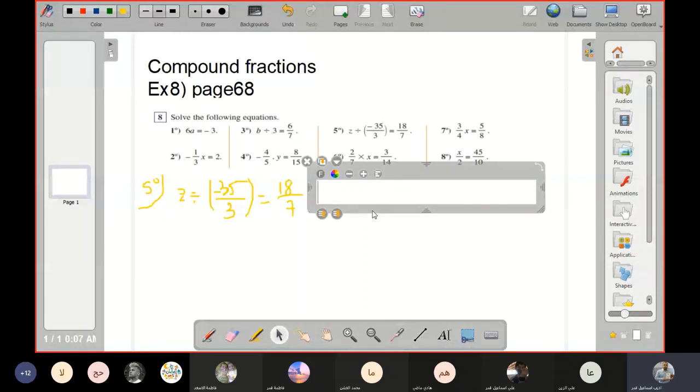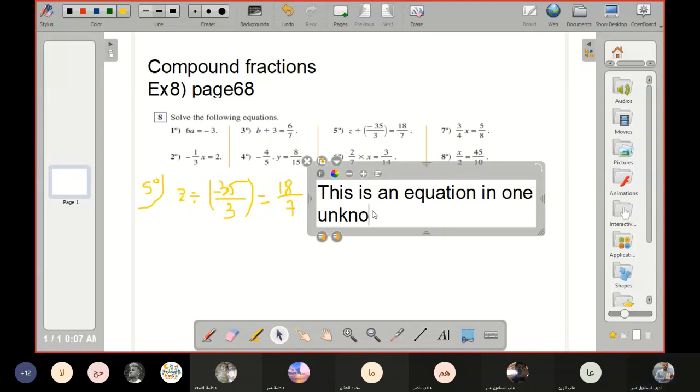First of all, this is called an equation. This is an equation in one unknown. What is the meaning of equation? معادلة.